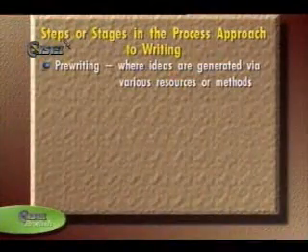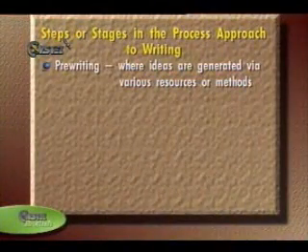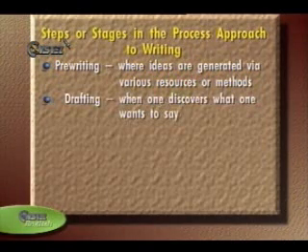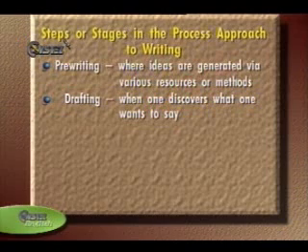Welcome back. A process approach to writing sees writing as a nonlinear, recursive, and generative process that involves several steps or stages, starting first with pre-writing, where ideas are generated via various resources or methods. Drafting to discover what one wants to say.